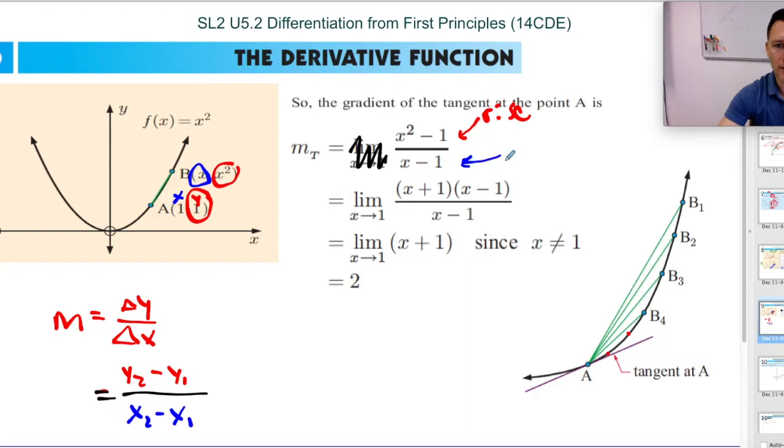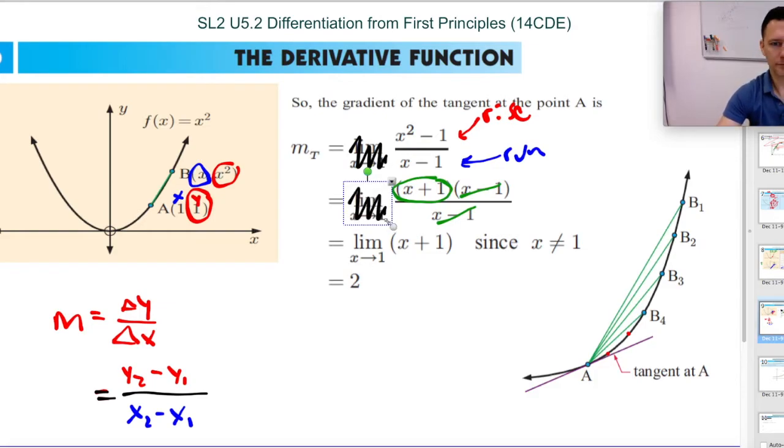This is just run. It's rise over run. So if we clean this up a little bit, this top thing you could factor into x plus 1 and x minus 1, and then you could cancel out the x minus 1s, and you're just left with this piece. We're just doing some algebraic simplification. We can still kind of ignore this limit part for a second.